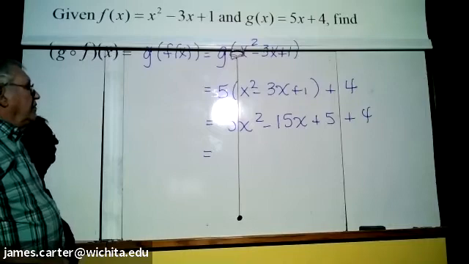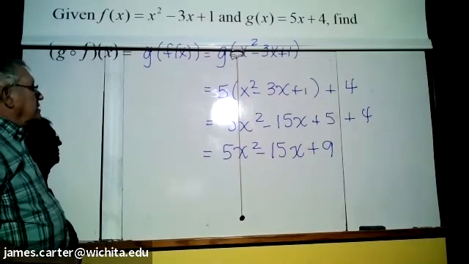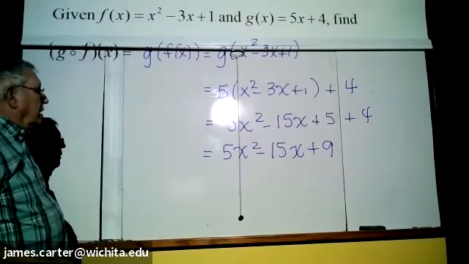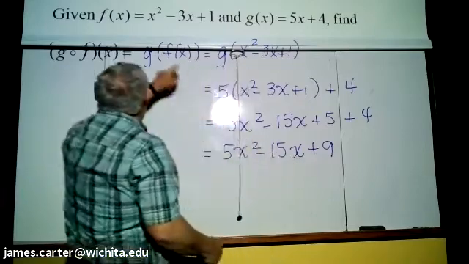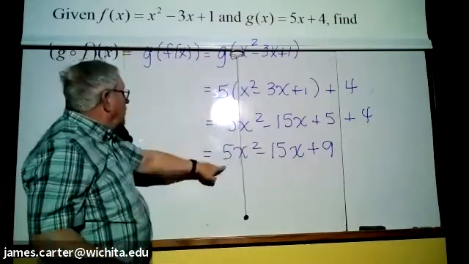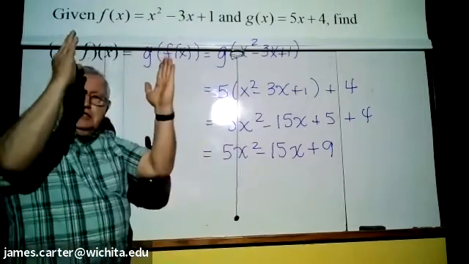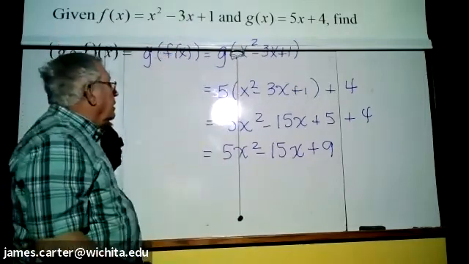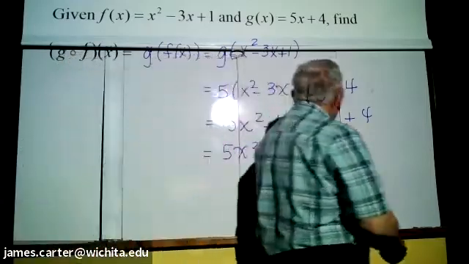Distribute that 5, combine like terms, and this is the equation you got. You end up with a quadratic. If you compare the original one and this one, that 5 is going to make the sides steeper, or vertically stretched. You want to use that terminology.